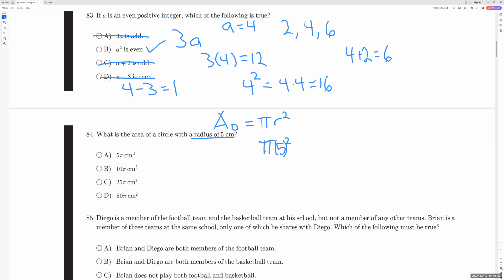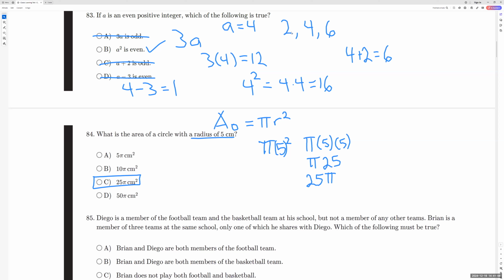That means pi times 5 times 5. 5 times 5 is 25. So this is going to be 25 pi. The units are to the second power because it's area, centimeters squared in this case. So I see that choice C is the correct answer.